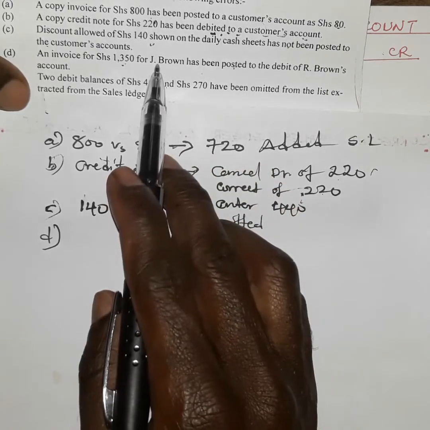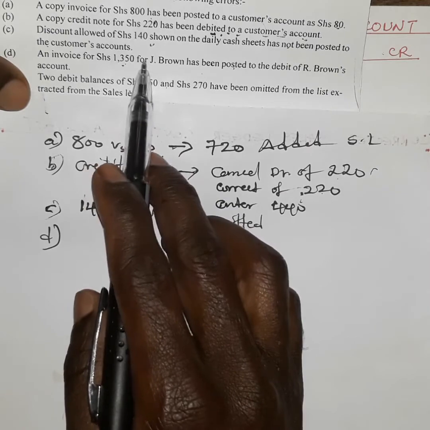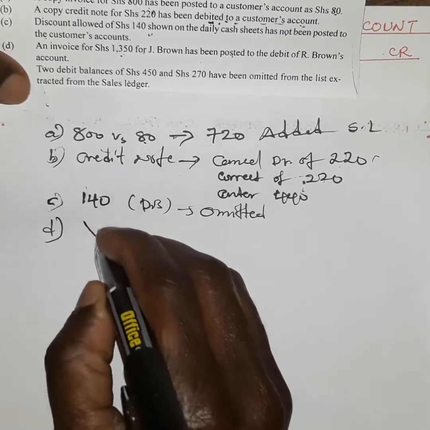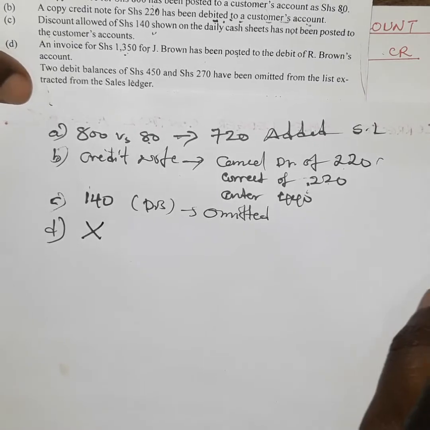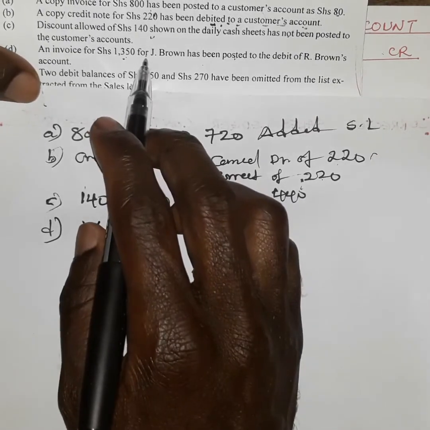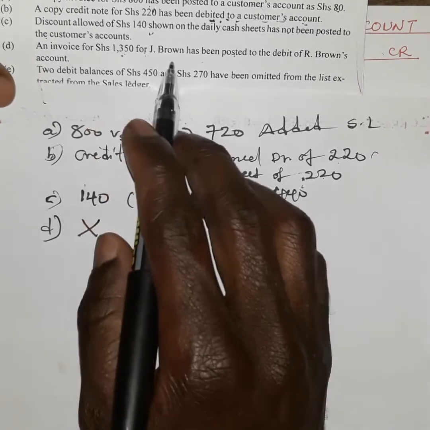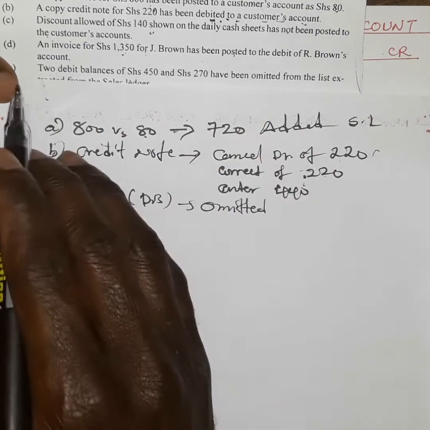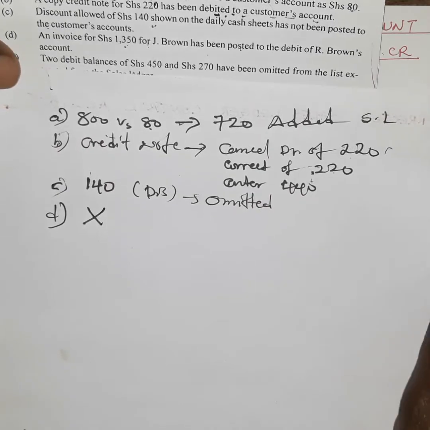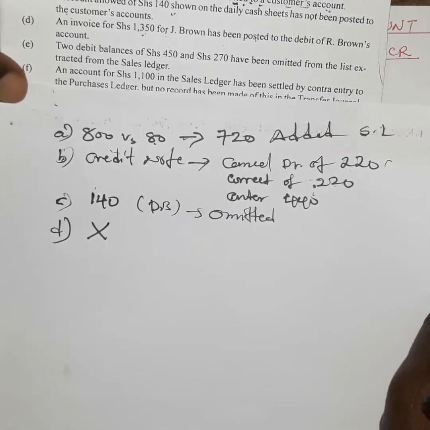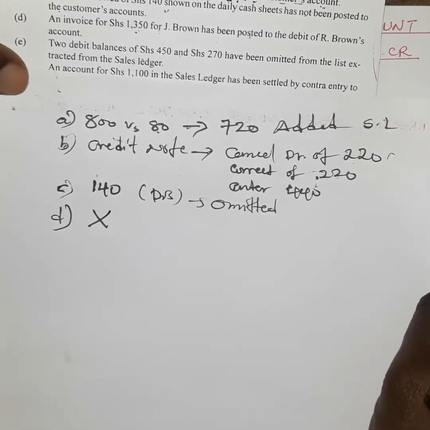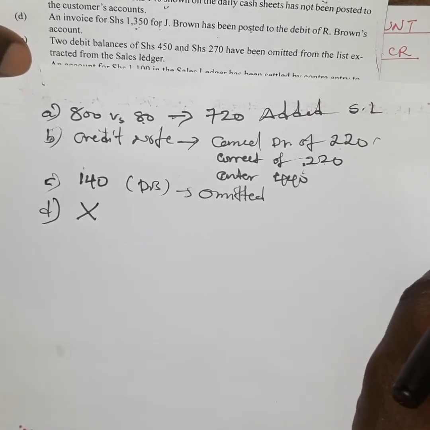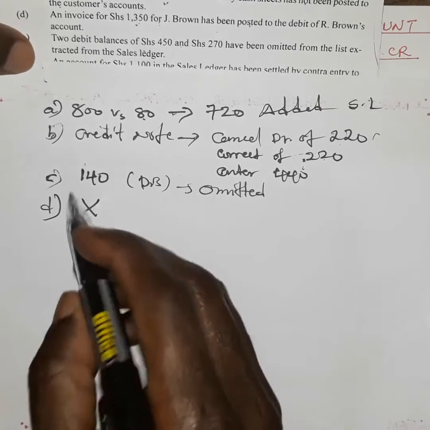So you see, there is no effect because they belong to the same class of account, and therefore for D, there is no entry to be made. Remember, both accounts fall under the same class, and they were made to the debit, the same side. So it means there is no error entry. It is an error committed, but there is no effect on the total of the sales ledger.